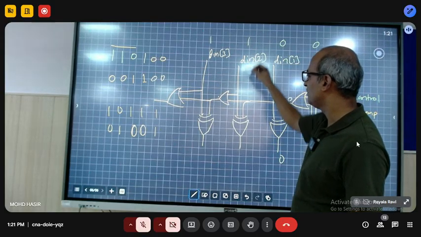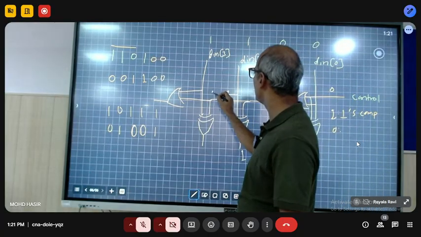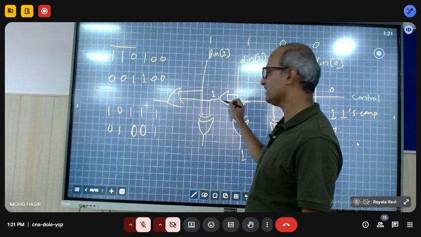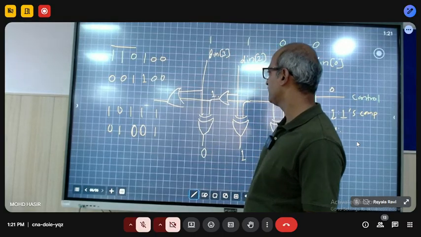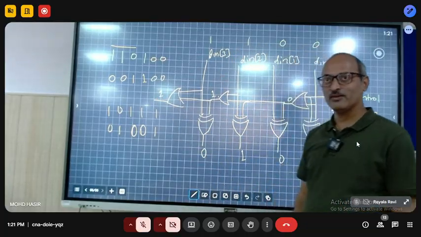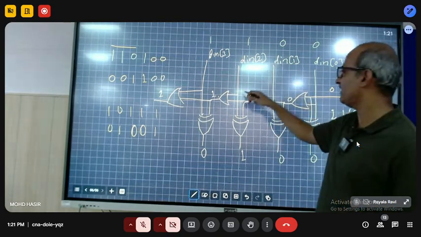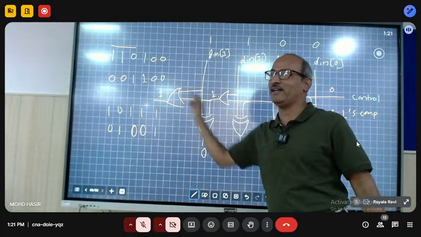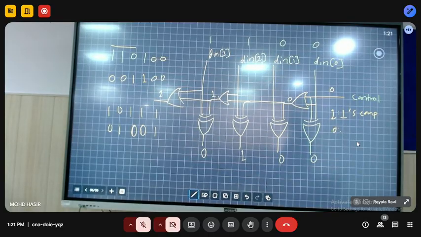And this is 1, so output here is 1. 1 is captured. How about this? This will propagate. Could I find the first non-zero bit? First non-zero bit is here, and henceforth it will propagate, and the rest of the bit pattern will get complemented. Hence, if you look at the bit pattern, it is two's complement output.